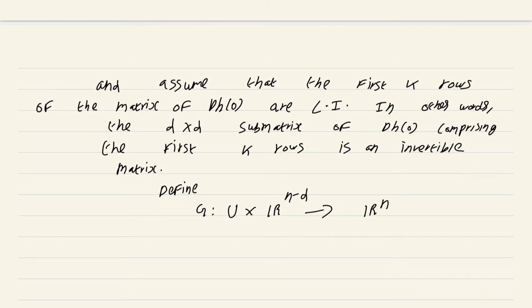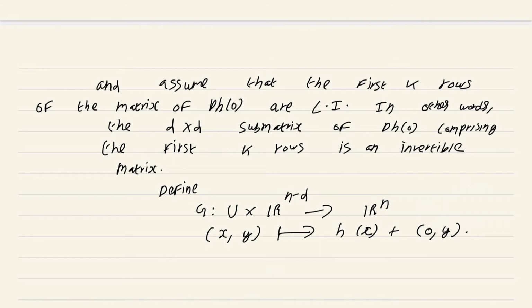This is a map that takes the point (x, y), where x is in U and y is in R^(n-d), and maps it to H of x, which will be an element of R^n, plus (0, y). Okay, we augment d zeros and then add y, then put y in the second coordinate. So this second part will also be in R^n, and you just add these two.